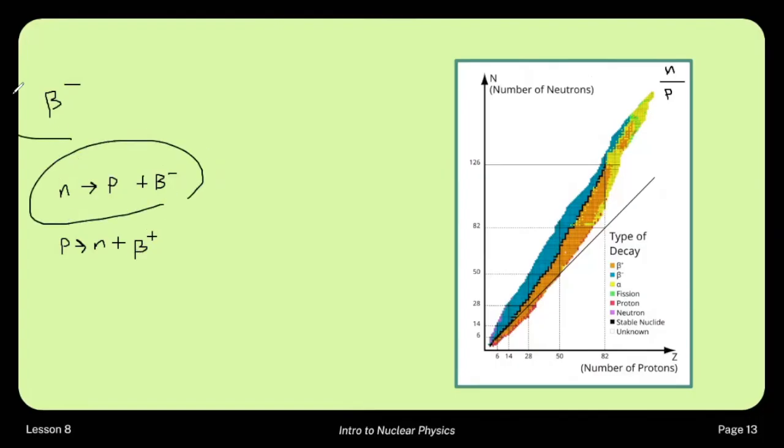So again, looking first at beta minus decay, we lost a neutron and gained a proton. So you'd expect this ratio to decrease because the top decreases and the bottom increases. So this value gets smaller.